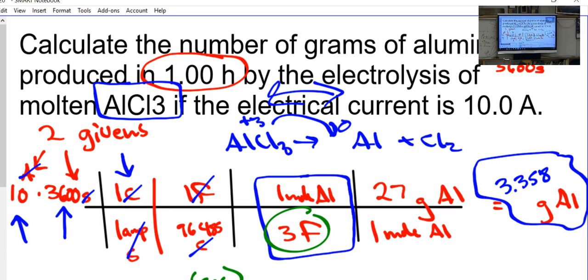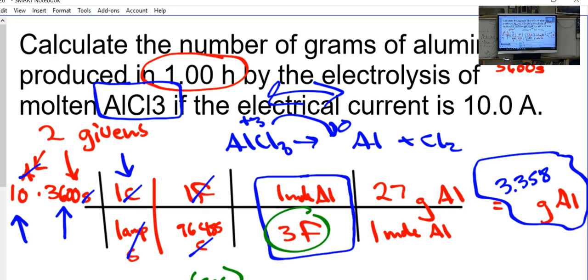So what we're going to do is multiply my time times my amps. The time needs to be in seconds. And then we have these two ratios: coulomb per amp second and Faraday per coulombs.